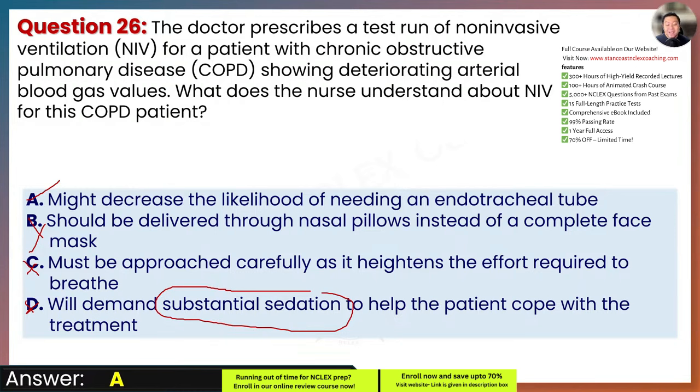When the client is sedated, this could impair their consciousness. This will compromise their ability to protect their airway, and it can increase the risk of aspiration. So heavy sedation is not only unnecessary, but could also increase the risk associated with NIV.